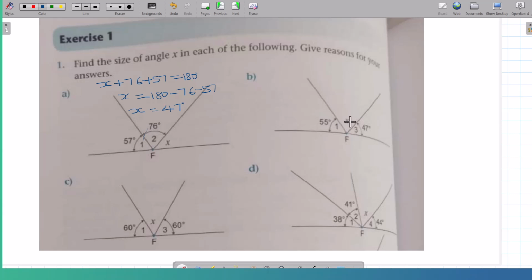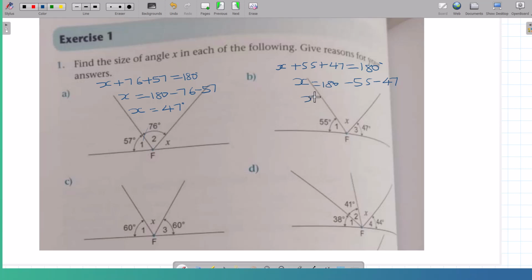What are we gonna say here now to get our x? We're gonna say x plus 55, and then plus 47 equals 180 degrees all together. So our x equals 180 minus 55, and then minus 47.